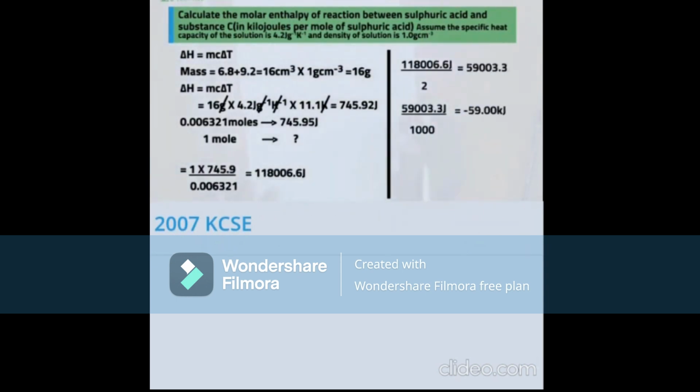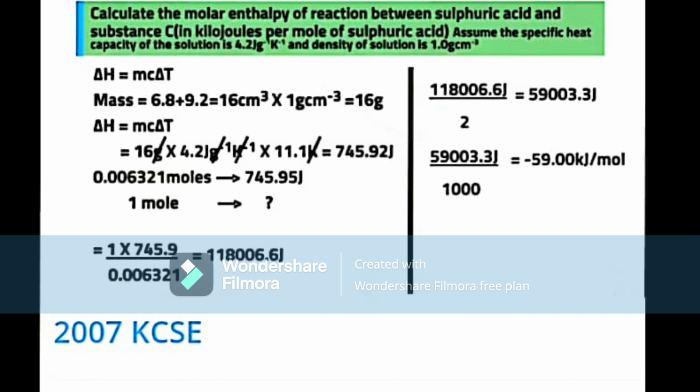Our mass was 16, times specific heat capacity, that is 4.2 given, times 11.1, that is my maximum change in temperature. This is equal to 745.921, and 3.31. If you want the kilojoule per mole, it will be what you have gotten over 1000. Now that's where we have reached.